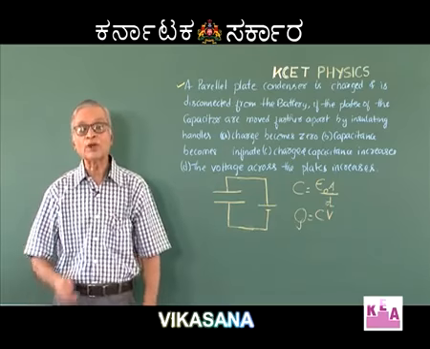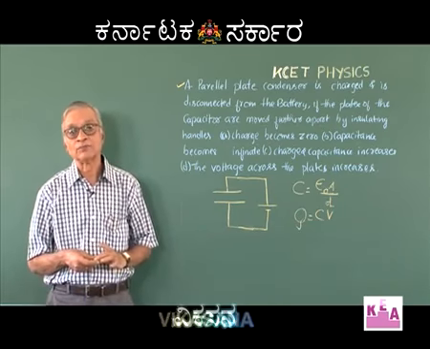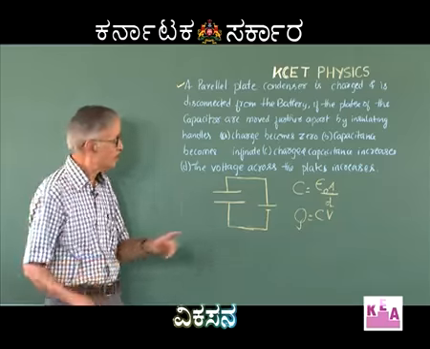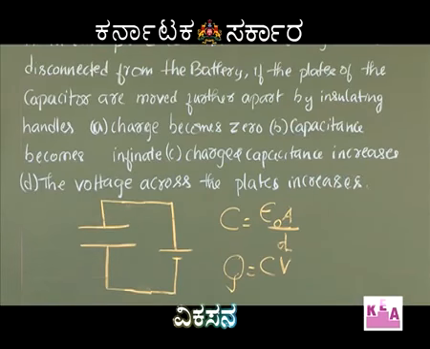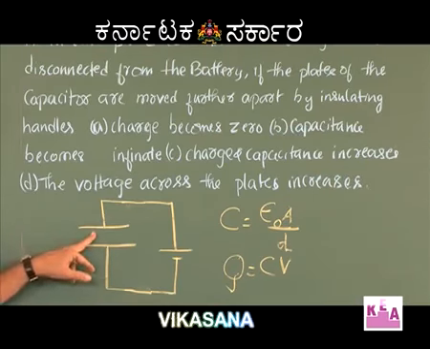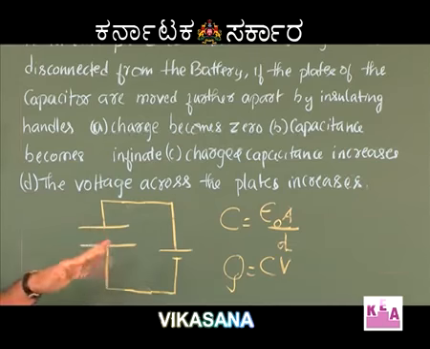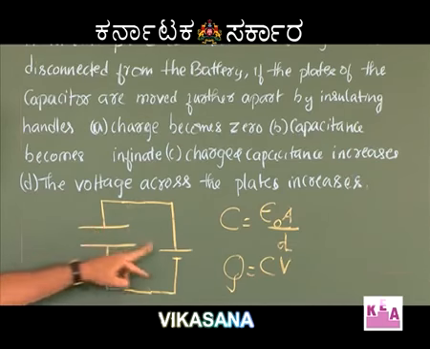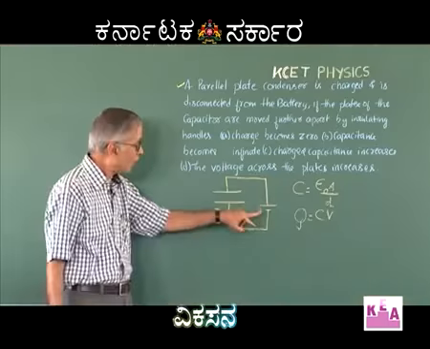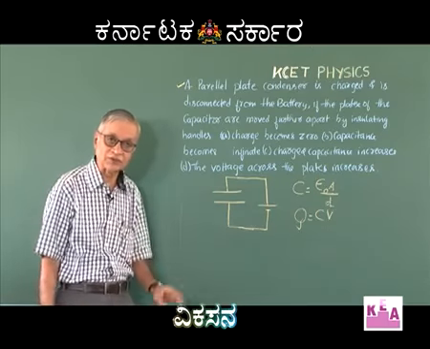Then what would have been the correct answer? Note, in this case, since it is connected to the battery, depending on the capacity, the charge will either flow from the capacitor to the battery or from the battery to the capacitor.